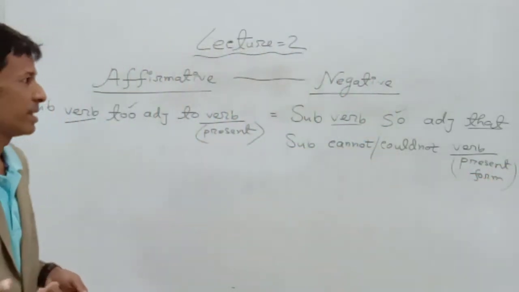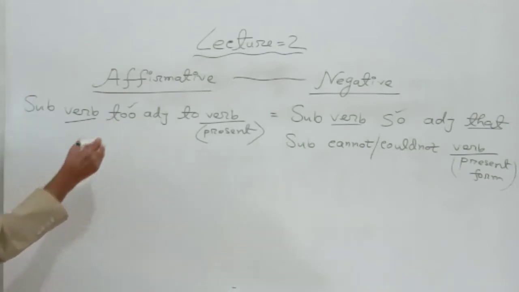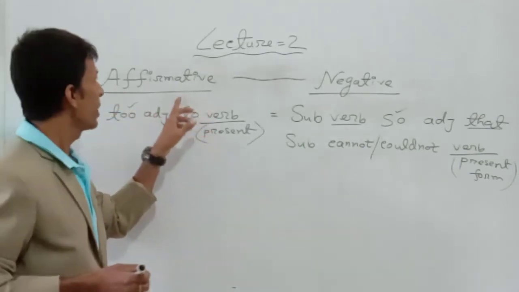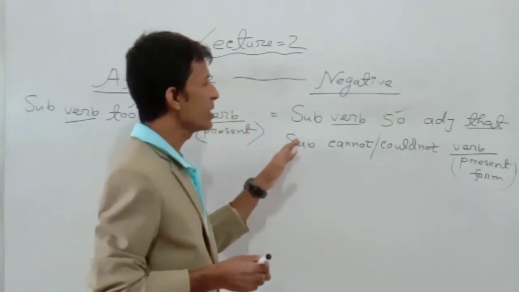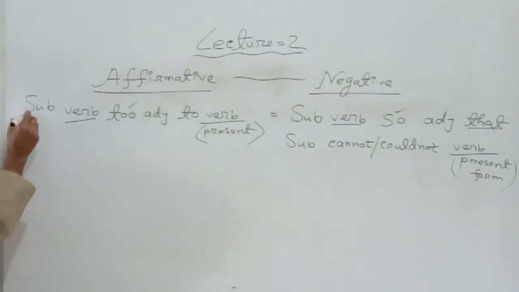Now let me explain these two structures side by side, one by one and step by step, for your good understanding. This is the structure of the affirmative sentence. Look at this example. Look at this structure. In what way I have written this affirmative sentence, I have also transferred it into a negative sentence. First of all, the subjective case is written.